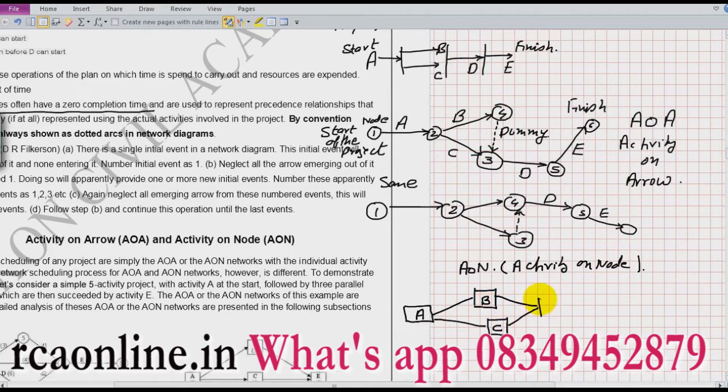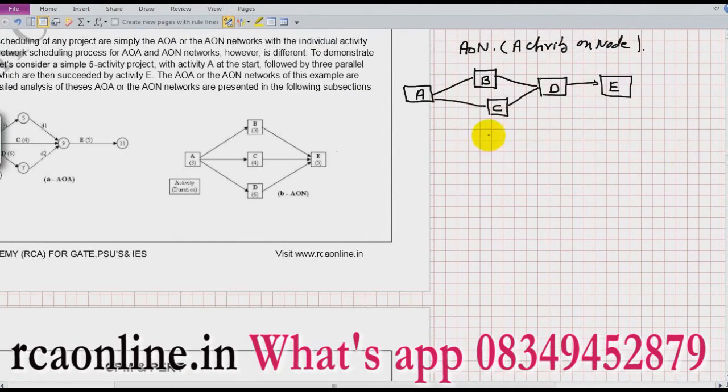Then I have D activity. And then I have E activity. Okay. Now, if you see on this, these all are activities. Okay, and these are all events. Is it okay? Clear? So on activity on node AON chart, we do not have any dummies, no dummy.